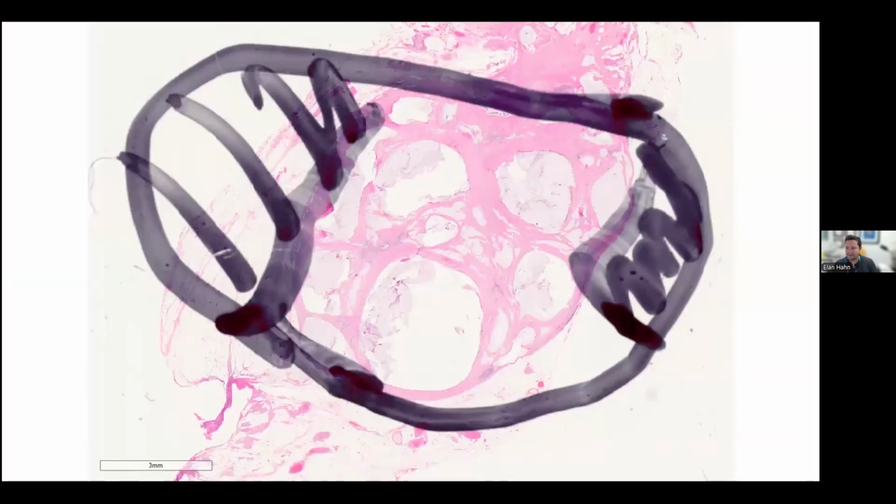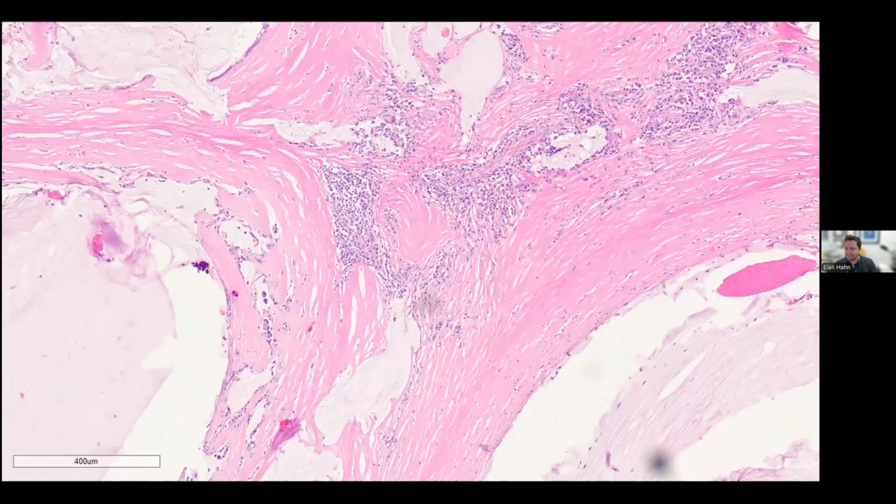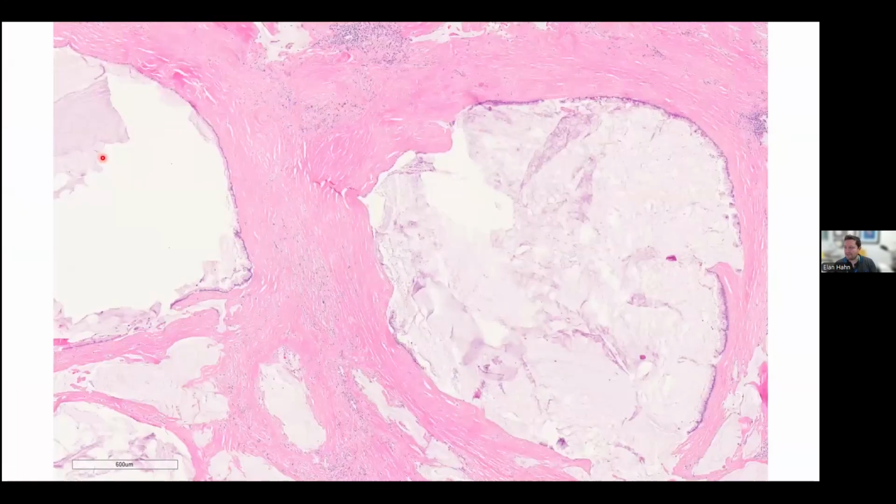This was the other part of the same slide that was circled as well. Again, trying to get rid of these lymphoid aggregates towards the periphery of this met, not really being able to avoid them all, unfortunately, while still wanting to get enough tumor cells, which is so scanty.